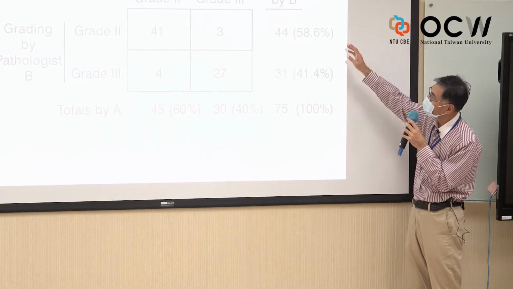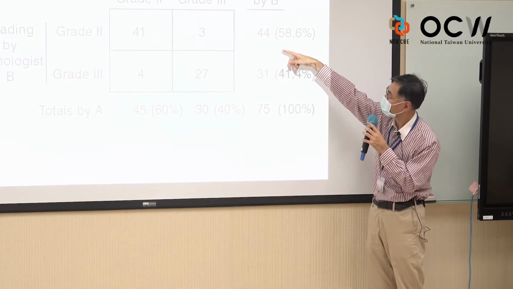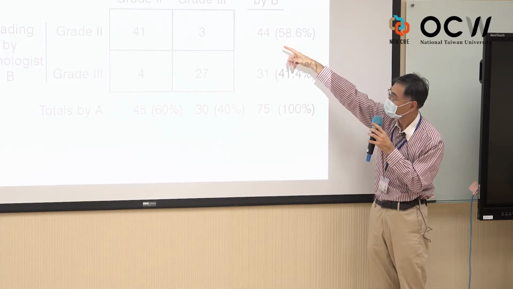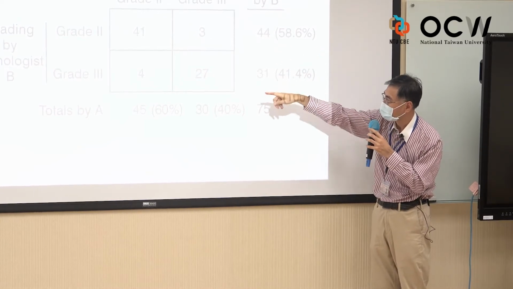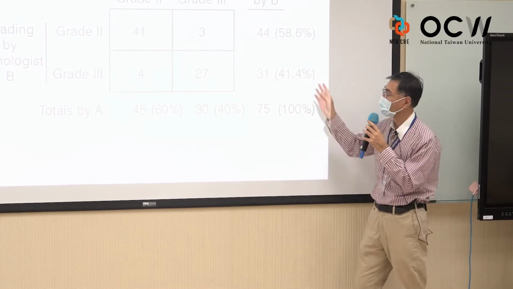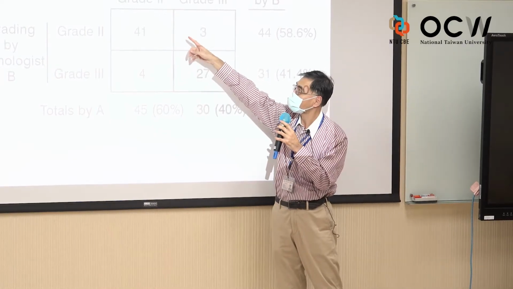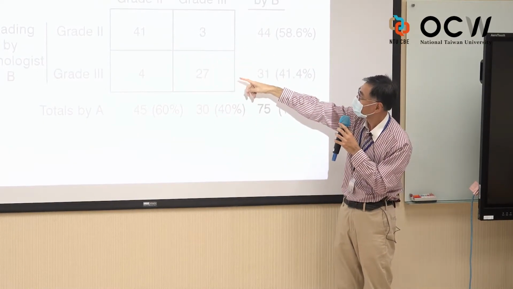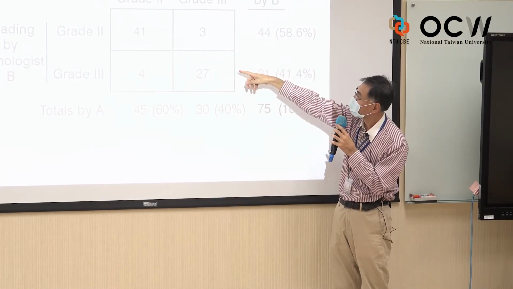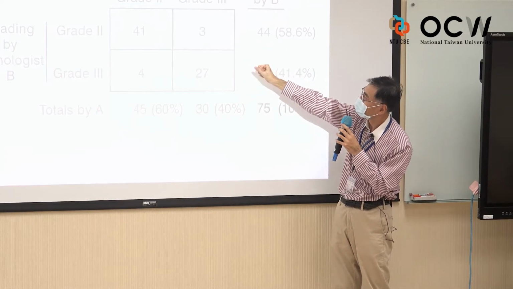And pathologist B identified that 44 people are at the stage of grade 2, and 31 are grade 3. Then we could check the details about the consistency: 41 are grade 2 from both of them, and 27 of them are grade 3 from both of the pathologists.